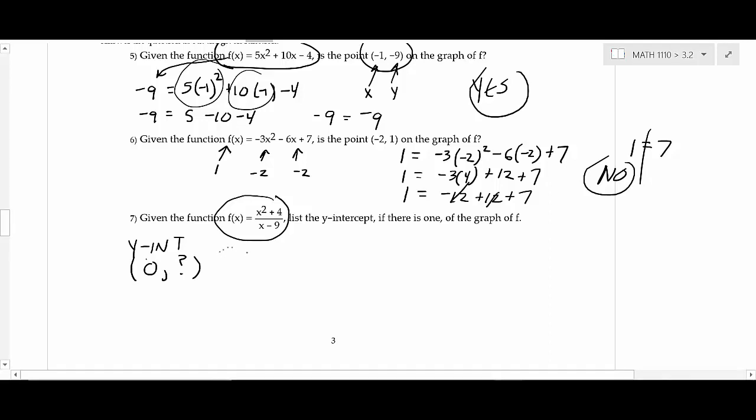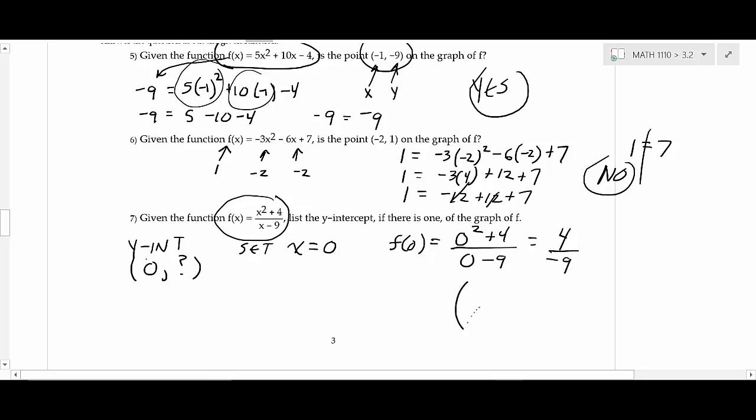So the way that you find a y-intercept is everywhere you see an x, you set that equal to 0, and you work it out. So what you're doing is the function value f of 0. That would give 0 squared plus 4 over 0 minus 9. If you work out that arithmetic, that's going to give a 4 in the numerator and a -9 in the denominator.